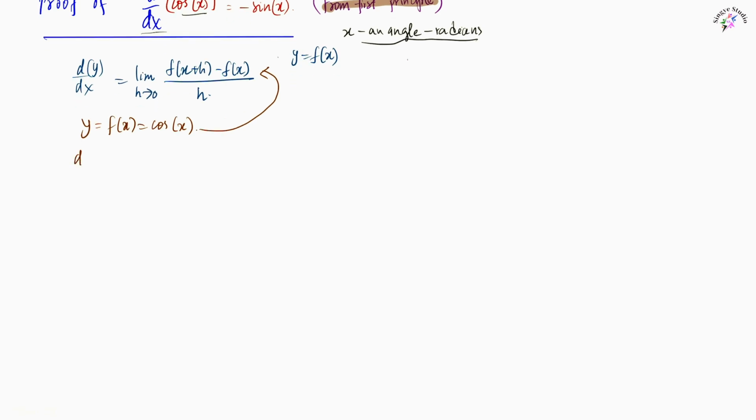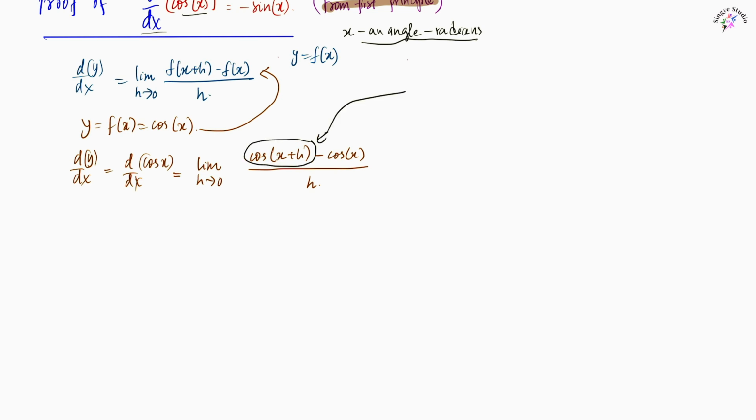So now we will have that the derivative of y with respect to x, which is the derivative of cosine x with respect to x, will be the limit as h tends to 0 of cosine of x plus h minus cosine x, upon h. Okay, now from the angle formula we can write this expression, which has the form that cosine of a plus b can be written as cosine a cosine b minus sine a sine b, right?